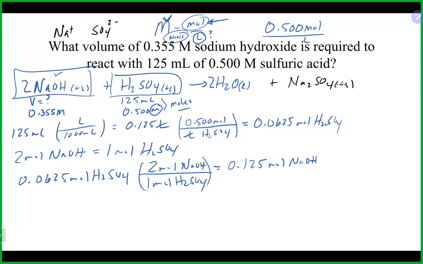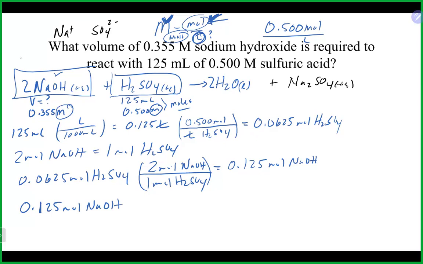At this point, the last thing that we could do is now use the molarity equation because we just got the moles that we needed. We have the molarity. So once again, we could solve for the liters in this case. So using our moles that we just got, 0.125 moles of sodium hydroxide, I'm going to use the molarity of sodium hydroxide here.